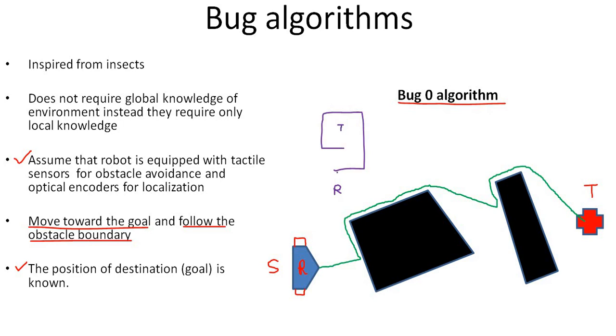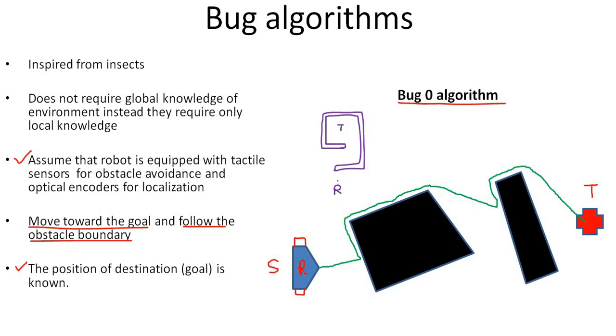So if you use the Bug0 algorithm to navigate in this kind of environment, these are the obstacles. We have obstacle, I should make it with black color.